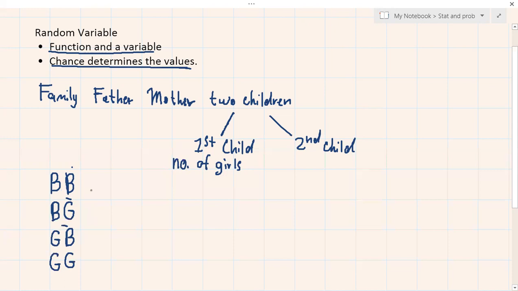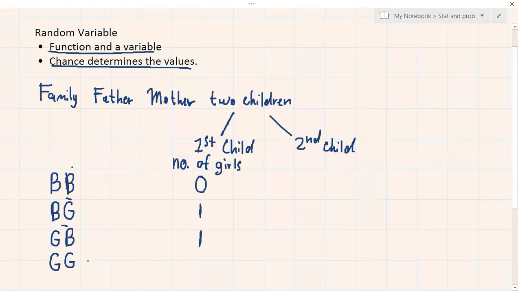So meaning, sa family na yun, wala silang babae. So 0. Sa second outcome, second child is a girl. So at least meron kang isang babae. Okay? Third outcome, yung first child mo ay babae, pero second child mo ay lalaki. Pero still, we have at least one girl, di ba?